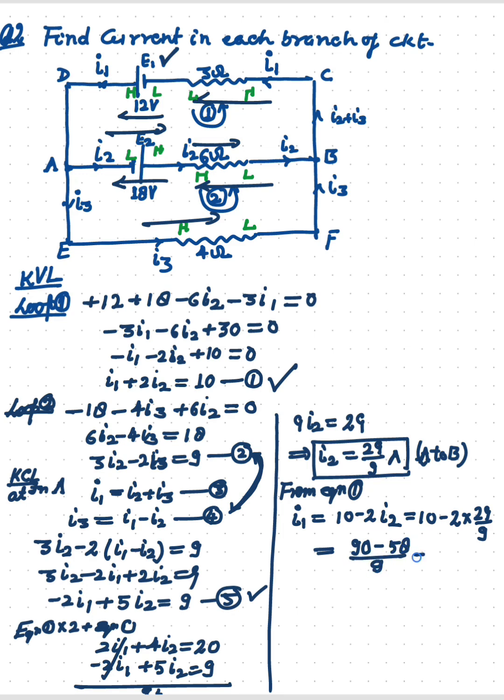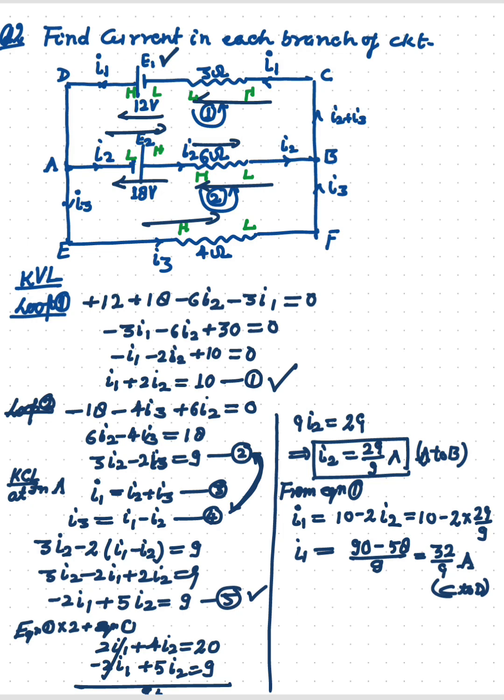What we are getting is 32 upon 9 ampere. I1 we are getting 32 upon 9, and its direction is what we assumed, C to D. In the 3 ohm resistance, I1 current is flowing and its direction will be C to D.